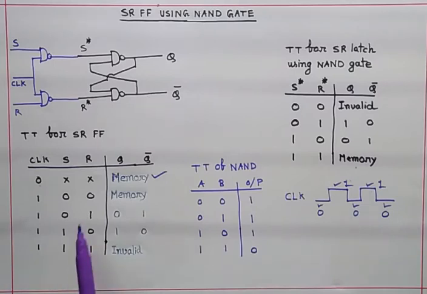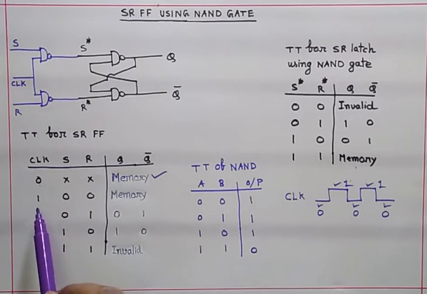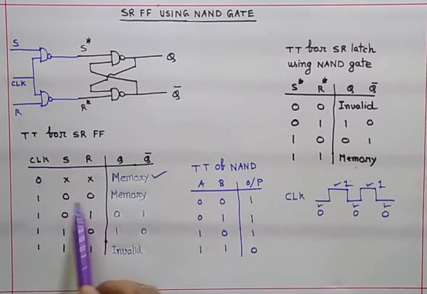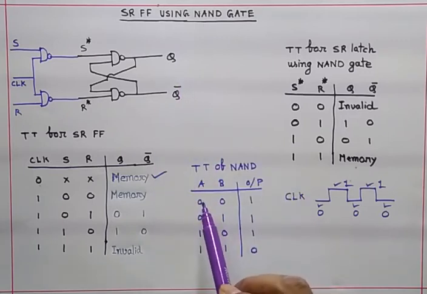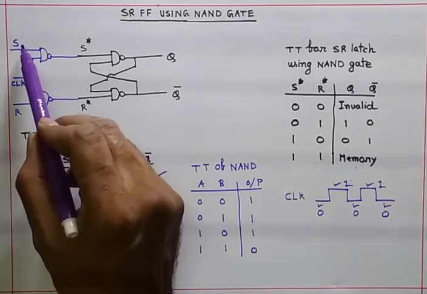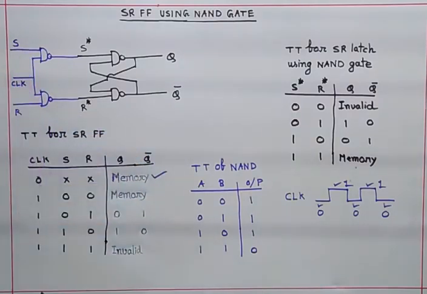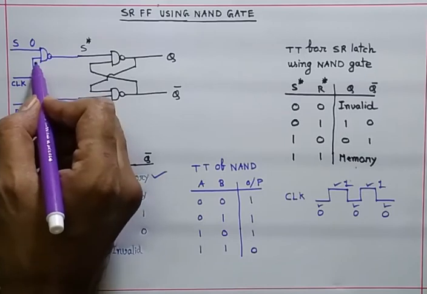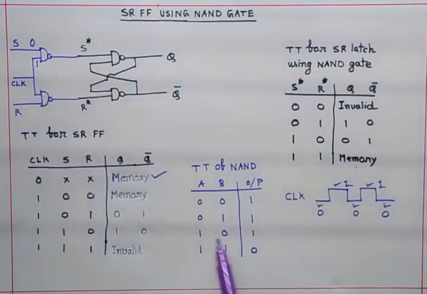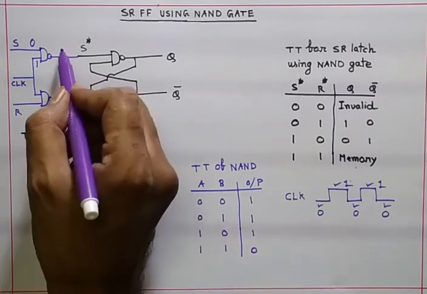Next, I will give the clock signal as 1, and both inputs are 0. Then I have to check the output pattern Q bar. Now you are giving S equals 0 and R equals 0 here, and you are giving 1 here. That means you are putting 0 and you are putting 1 here. Now for 0 1 input of NAND gate, the output is 1.